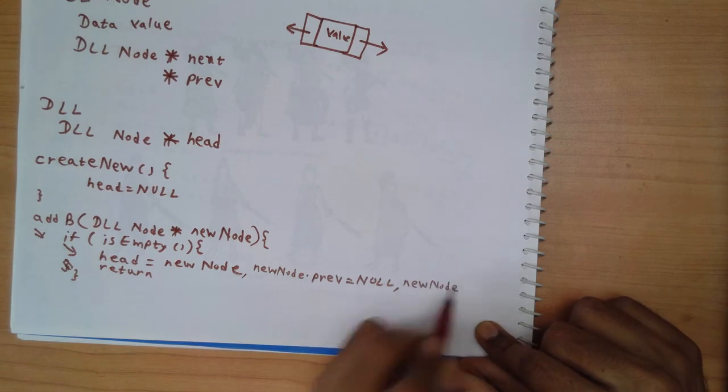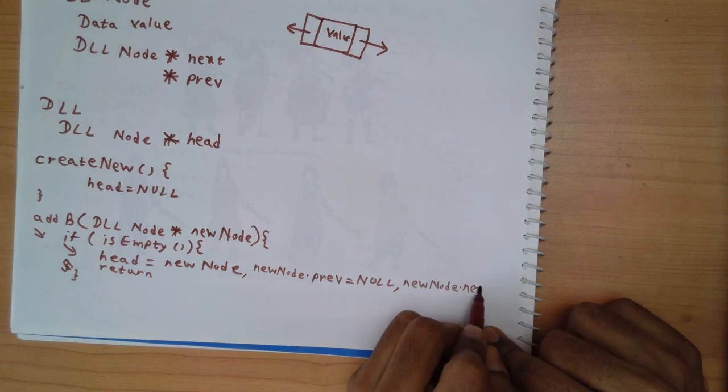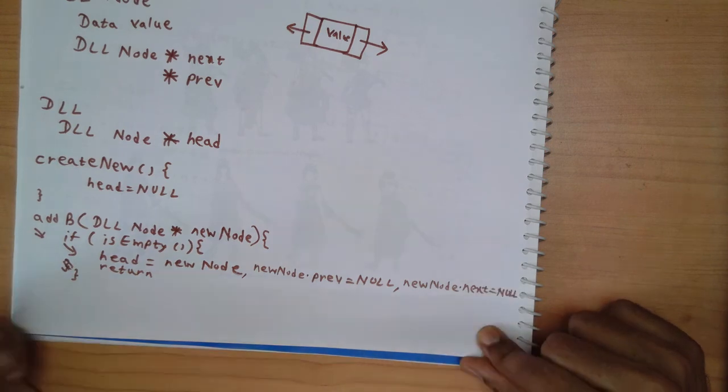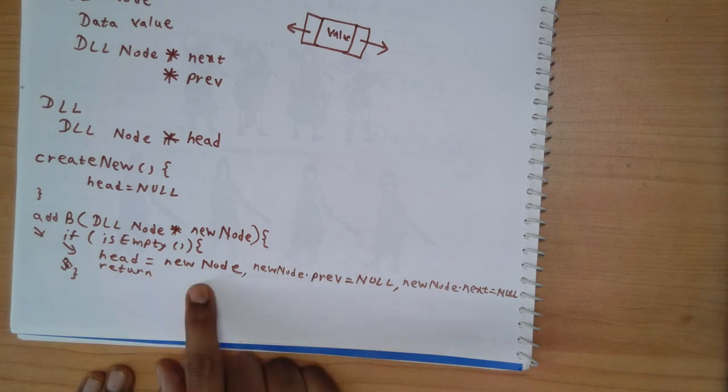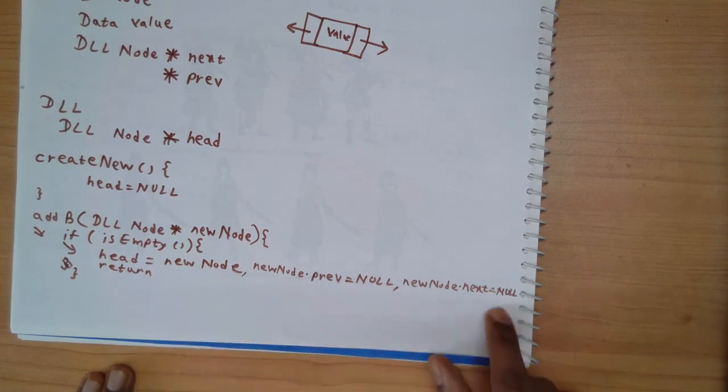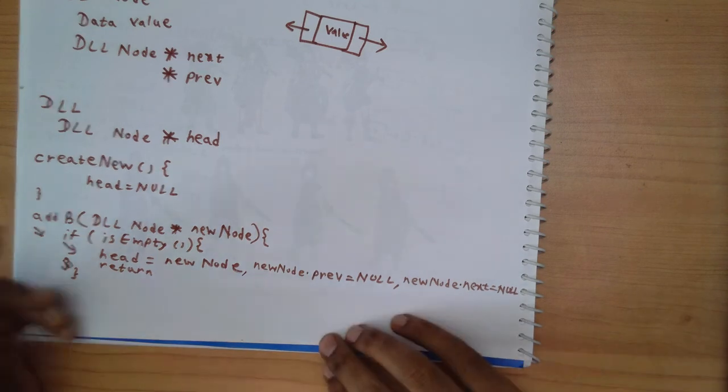All those things we have to take care of so that our list is well formatted. So we have to do three things: head equal to new node, new node dot previous is null, and new node dot next is null. Now we have a list with one node.